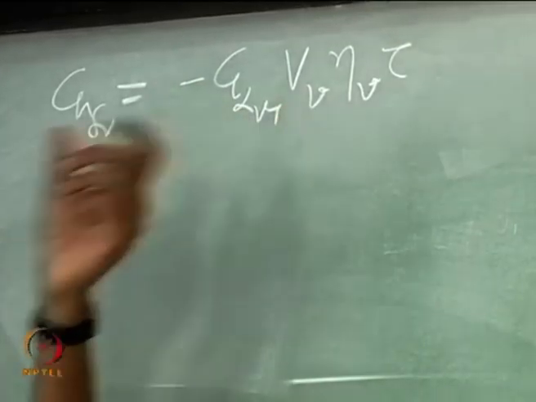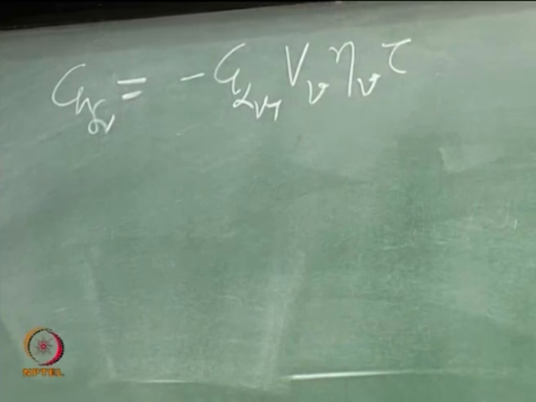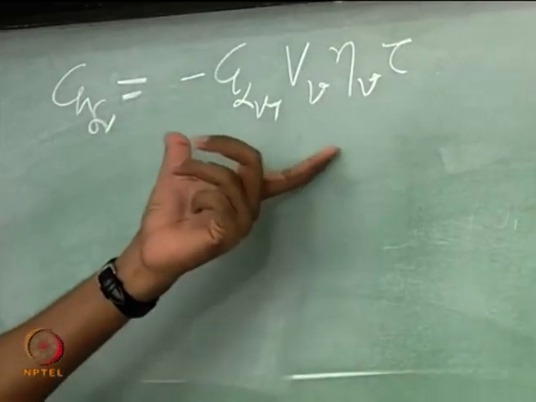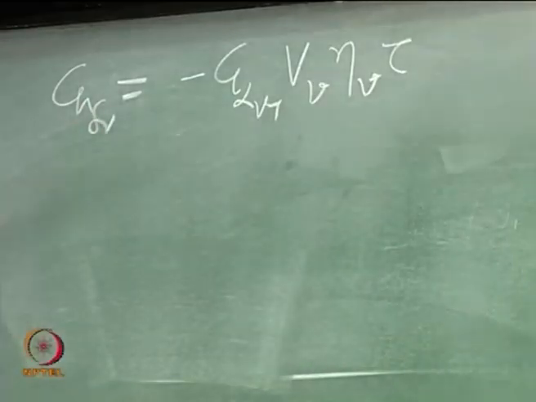Here I am not accounting for the side wash angle, because that information is not given. So, I can straightaway write this expression for C n delta R.